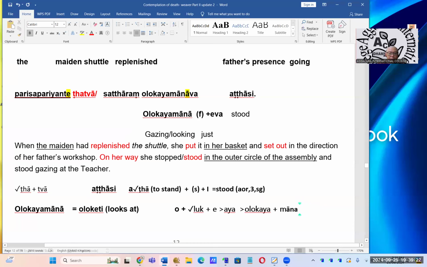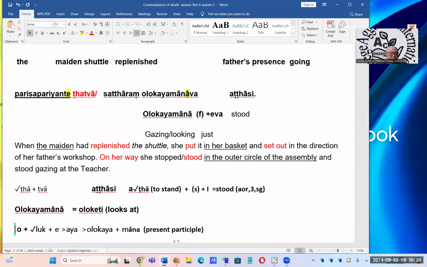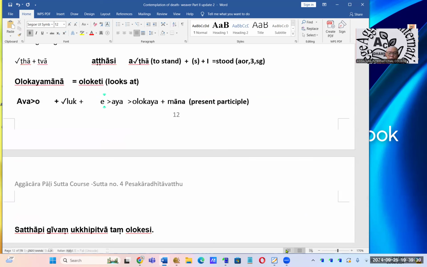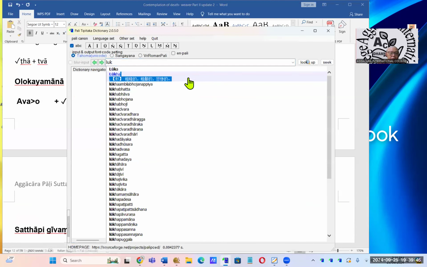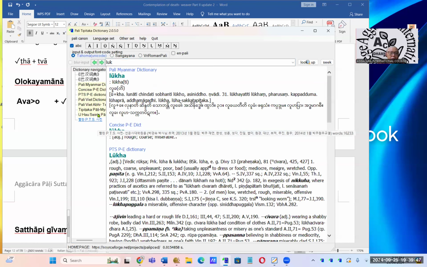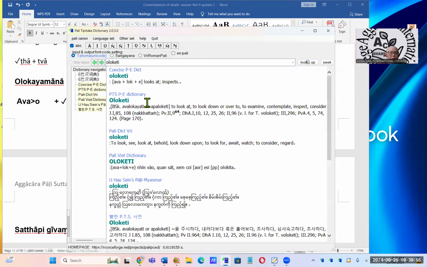So awa changes into o, and this a changes to aya. So look, L-U-K, all right? Look, inspect.